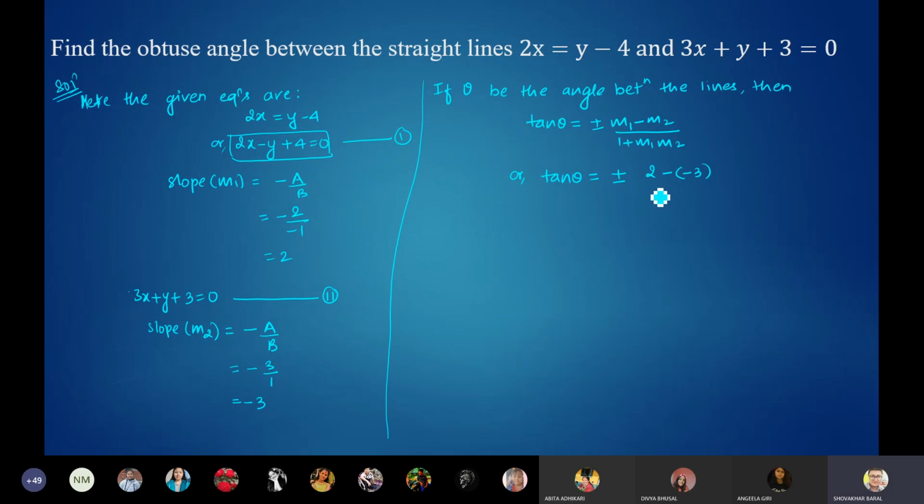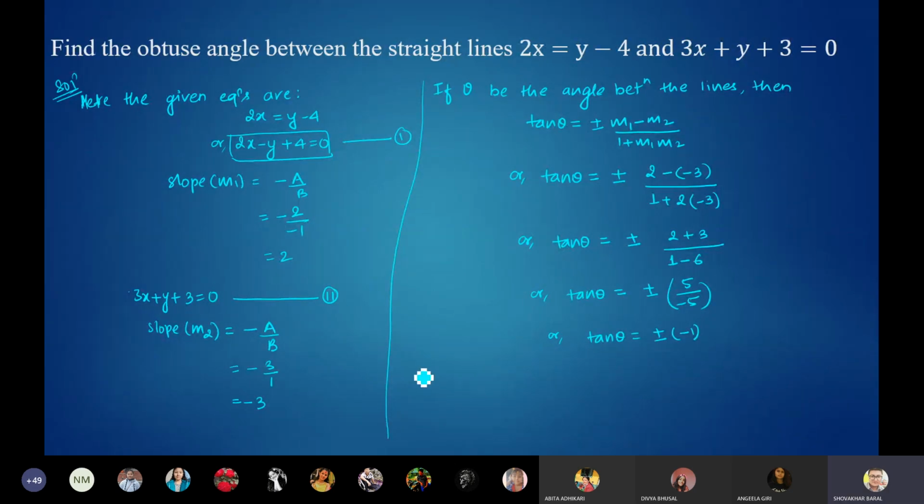It will be tan theta equals plus minus 2 plus 3 all upon 1 minus 6. Tan theta is equal to plus minus 5 divided by minus 5, or tan theta is equal to plus minus minus 1. Okay, so this is the main important step.